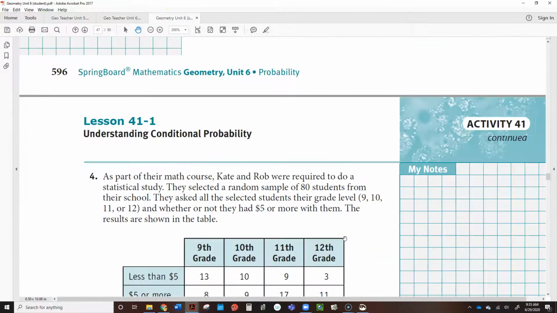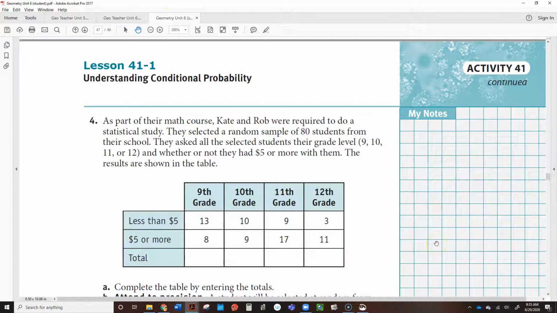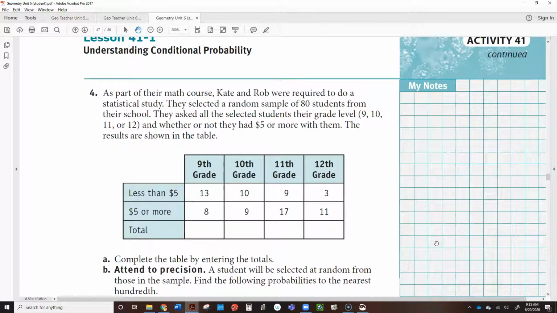Let's move on. They want us to do totals again. So I believe that's 21, that's 19, that's 26, and this is, I can't add, 14.